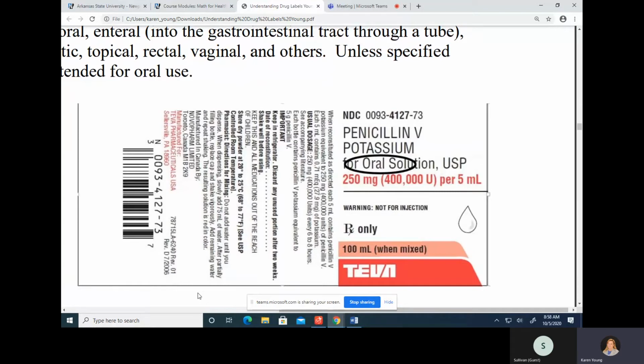The form, if you say solution, I'll give it to you. But notice down here it says when mixed, and up here it says when reconstituted, as directed. Those are clues that this is in powdered form. So if you choose powder, you're good. If you choose solution, you're good, because I'm more worried that you know the route and how you're going to administer it.